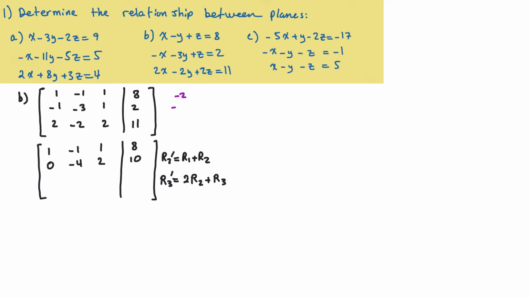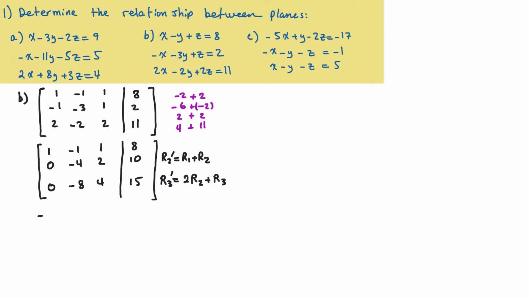Negative 2, 2 times negative 3 is negative 6. 2 times 1 is 2, and 2 times 2 is 4. And we are going to add that to negative 2, 2, and 11. So for our answers here, negative 2 plus 2 is 0. Negative 6 plus negative 2 is negative 8. 2 plus 2 is 4. And 4 plus 11 is 15.